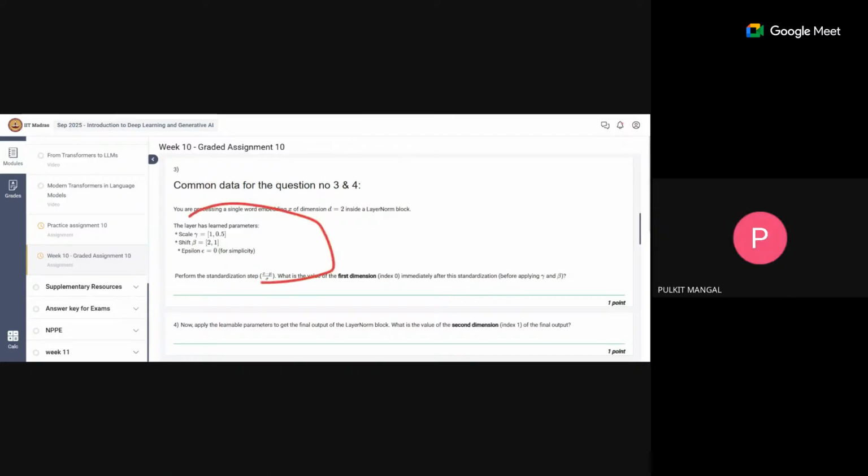Okay, you are processing a single word embedding x of dimension 2 inside a layer norm block. The layer has learned the scale gamma, shift beta, and epsilon. For simplicity, perform the standardization step (x minus mu) by sigma. What is the value of the first dimension immediately after the standardization, before applying the scale and shift?